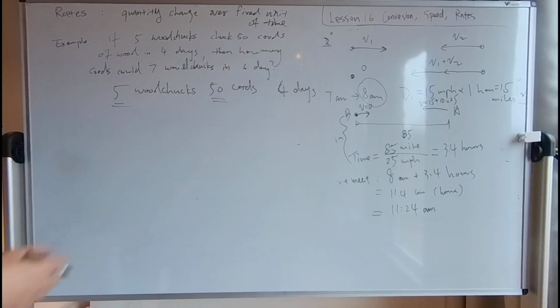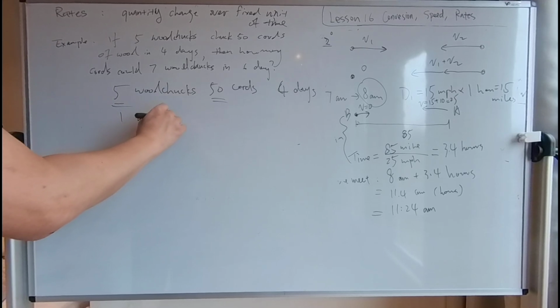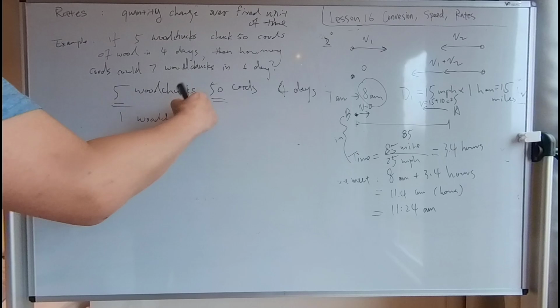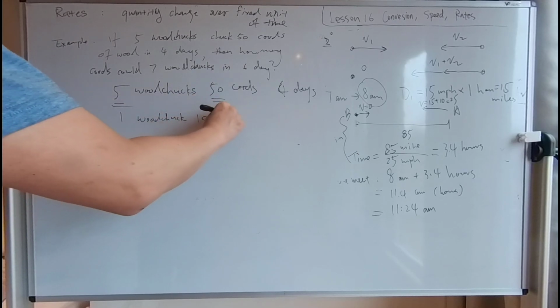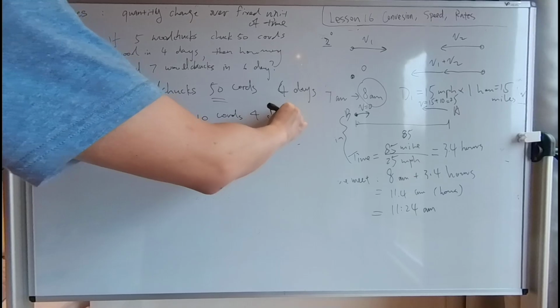If we fix the time, we have a ratio between wood chunkers versus the cords of wood. So 5 wood chunkers can chunk 50 cords. That means 1 wood chunker would chunk, divided by 5, right, 10 cords in 4 days.